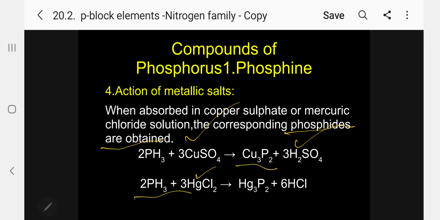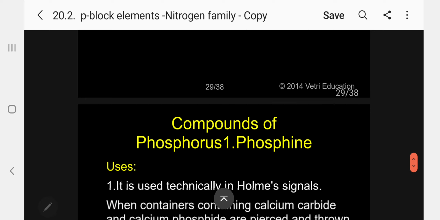Same way, phosphine reacts with mercury chloride to give the corresponding phosphide Hg3P2, producing HCl. So whenever you use a sulfate of metal, sulfuric acid is formed; with chloride, it is the corresponding HCl. Kindly follow. This is the most important.